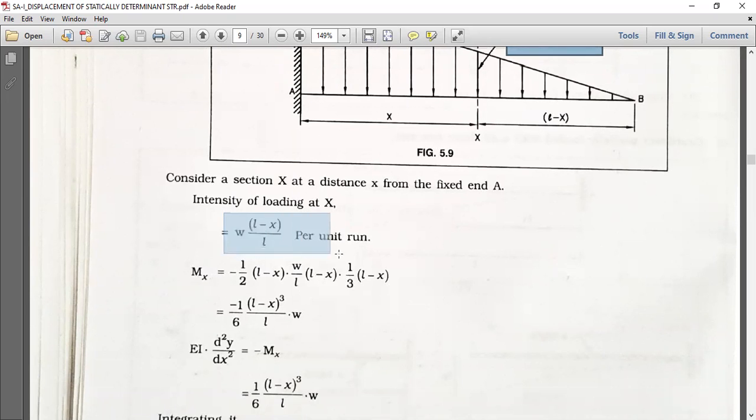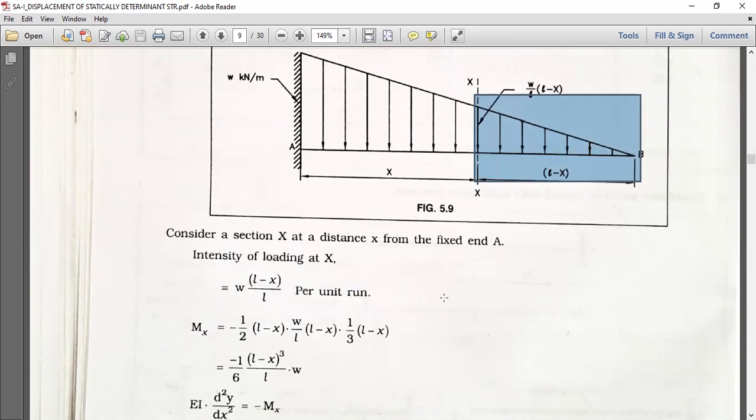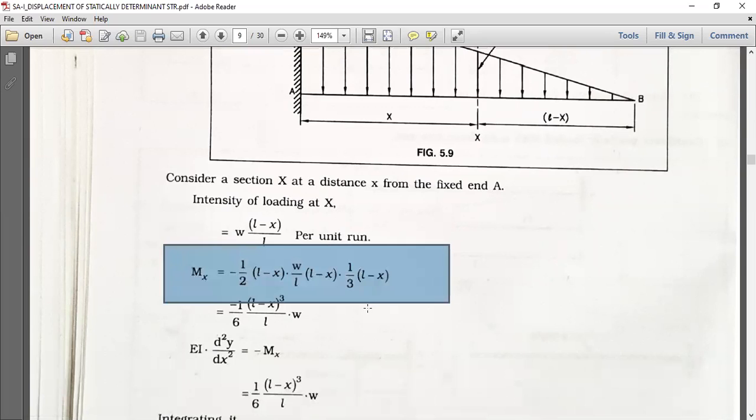Because this is the load at this point, and the equation is 1/2 load into perpendicular distance into 1/3 of the total distance. Okay, that's why we are taking this type of equation.